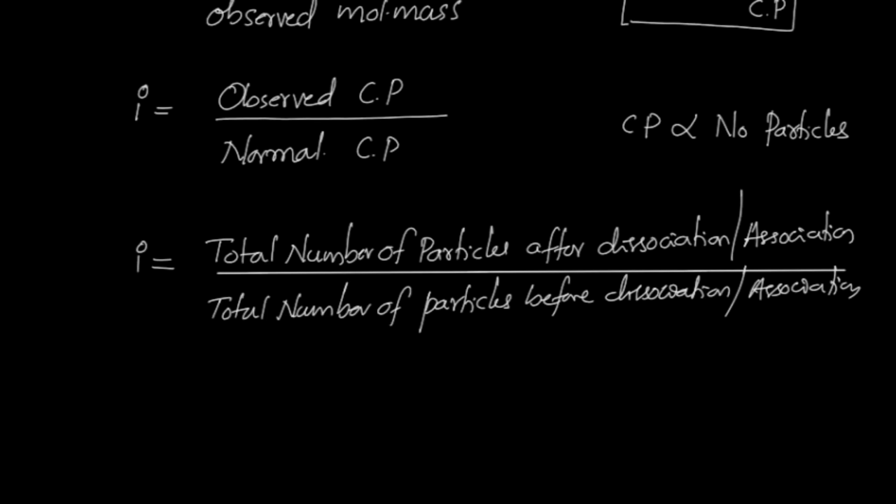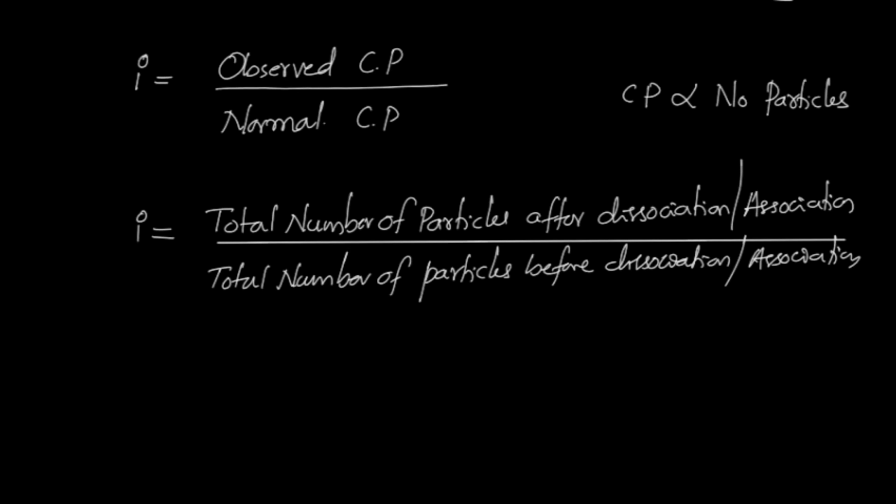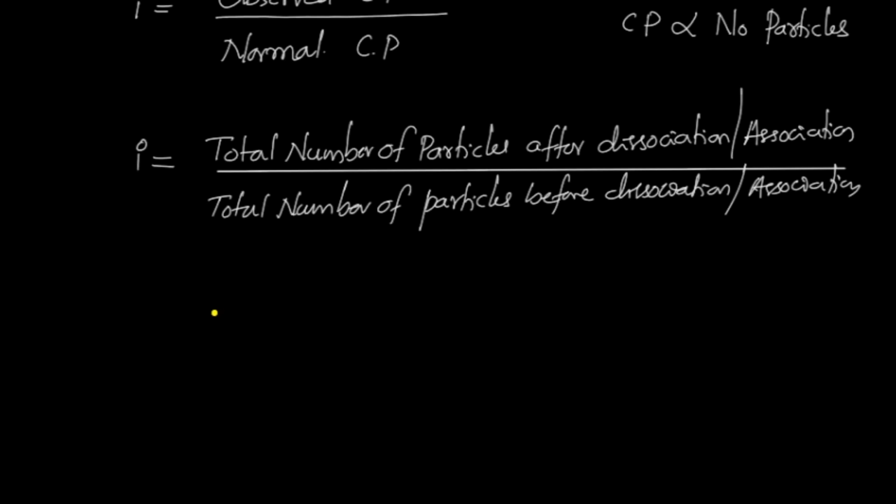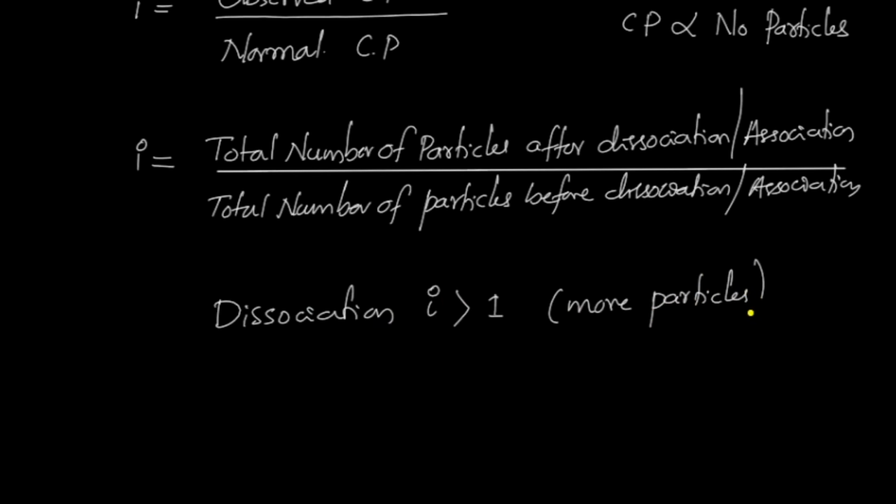How is this value helpful? The value of i is greater than unity for dissociation, because the number of particles, the ions, becomes more. If association is occurring, then the i value is less than 1, because there are fewer particles present, since dimerization is taking place.